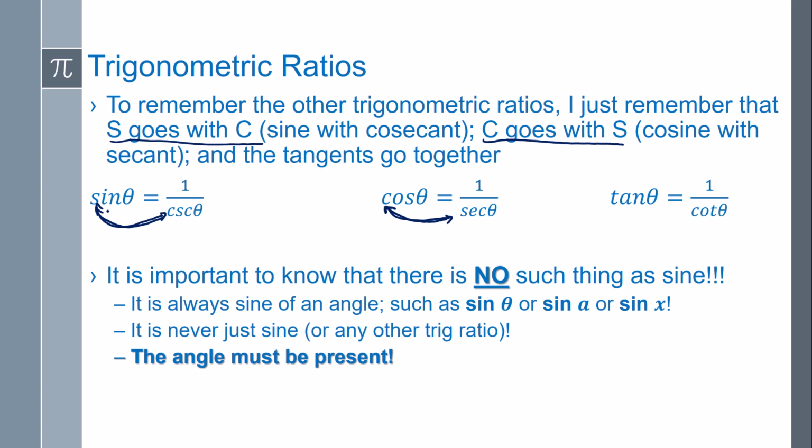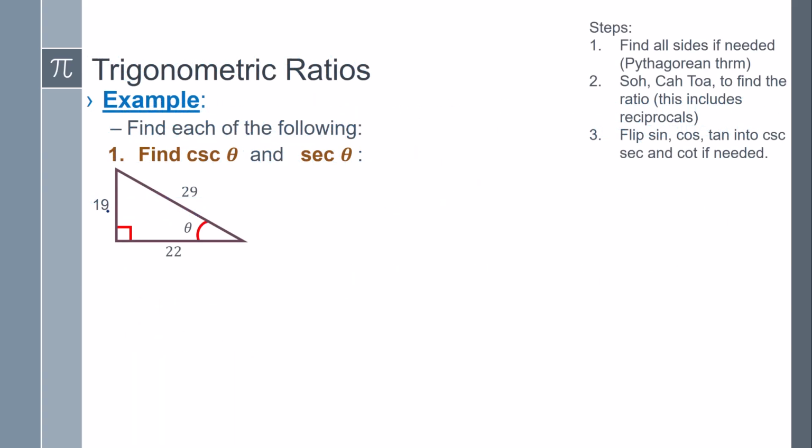And then remember, we always must include this angle. So if I wanted to find the cosecant and secant of this given angle, first start with SOHCAHTOA still. This is the easiest way to find these ratios. If it says cosecant, I just need to think, okay, S goes to C, C goes to S, so it's sine.